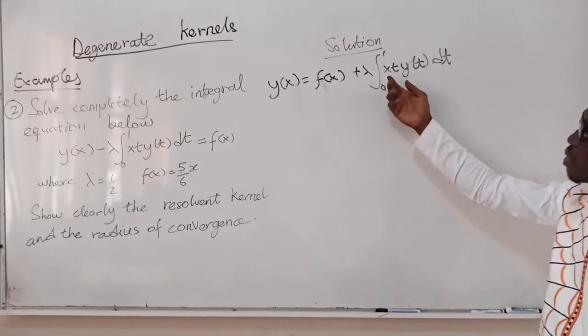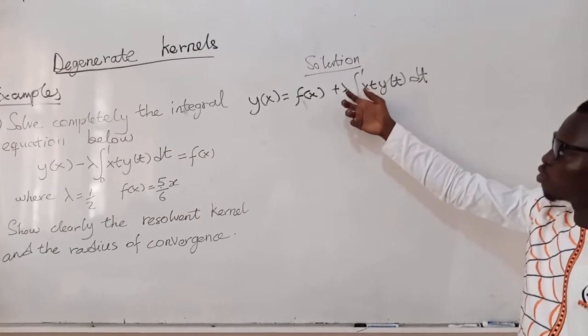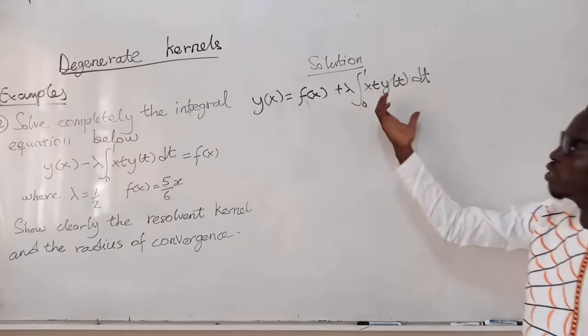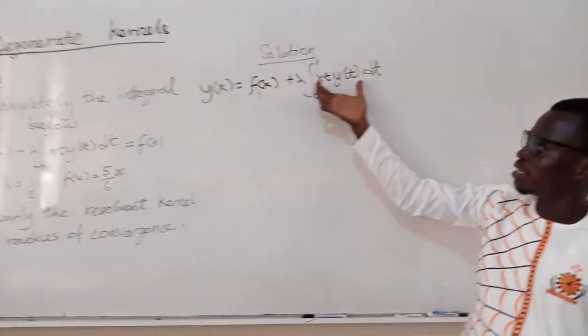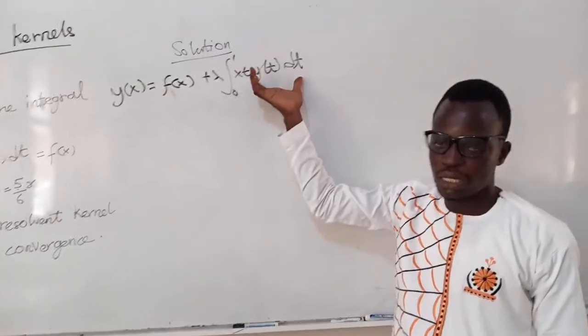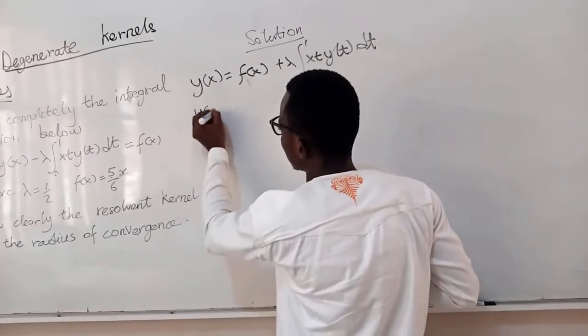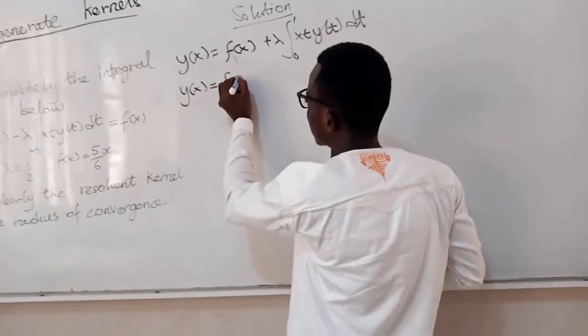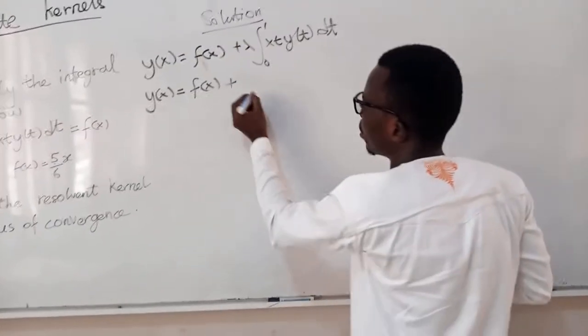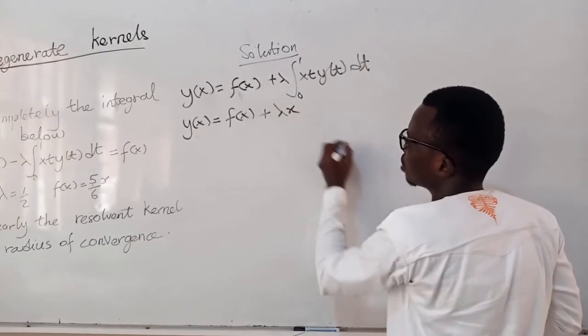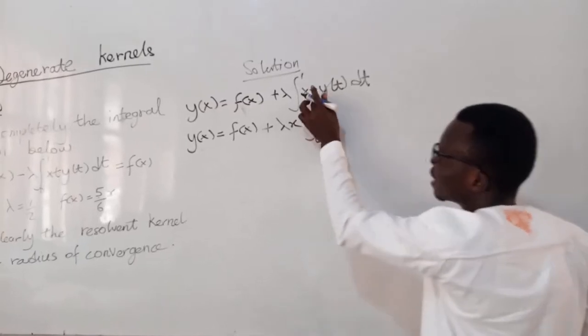So let's factorize the function of s out because it is a constant under the integral sign, because we are integrating with respect to t. So y of s becomes f of s plus lambda s integral from 0 to 1, t y of t.